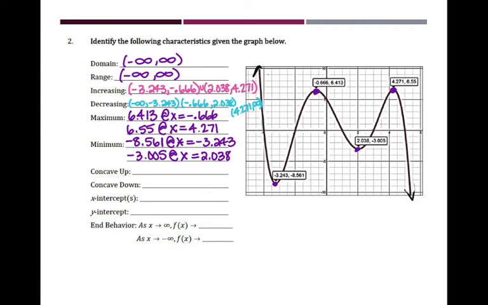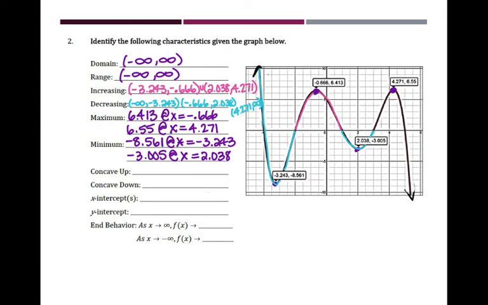Okay, now for concavity. So let's travel along the graph. So over here, this piece right here is concave up. And then right about here, it switches to concave down. And then right about here, it switches back to concave up.